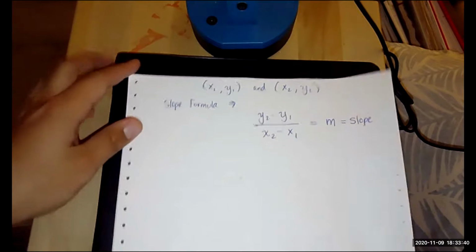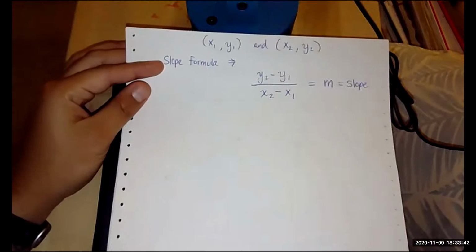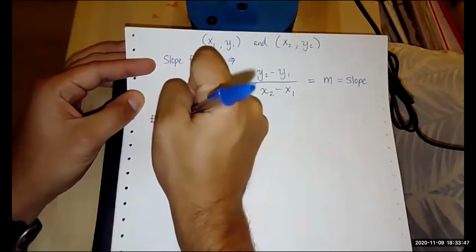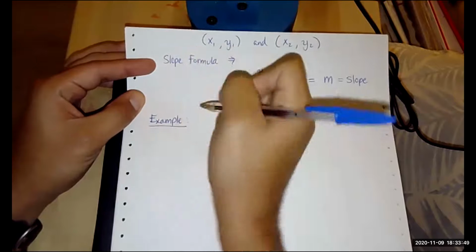Okay, so let's just do some additional review, and let's jump into an example of a problem that we might encounter in Hawkes.